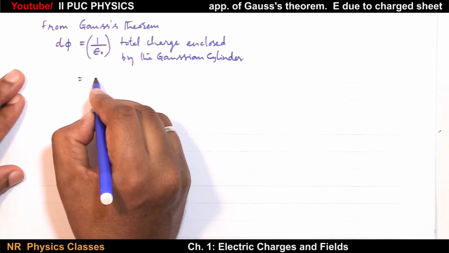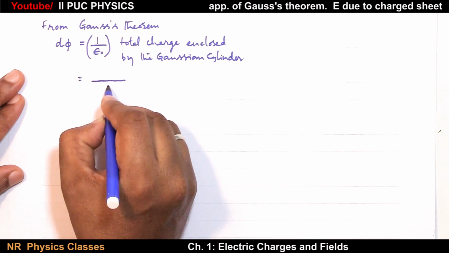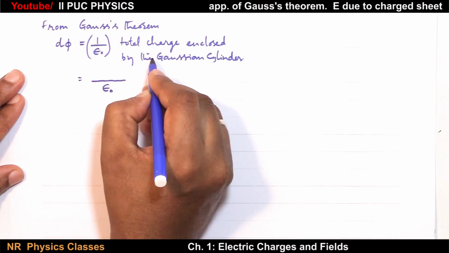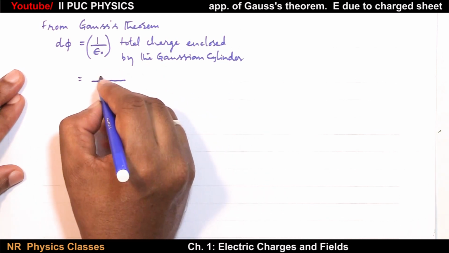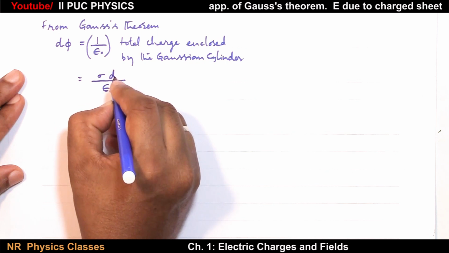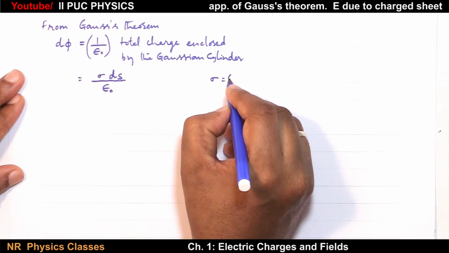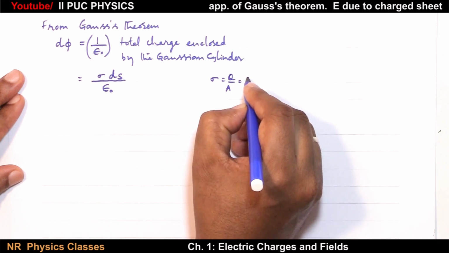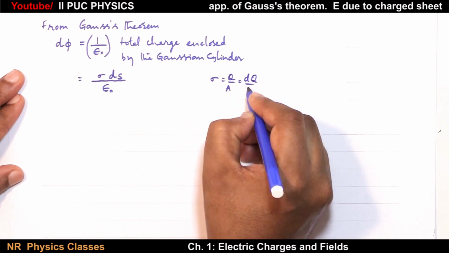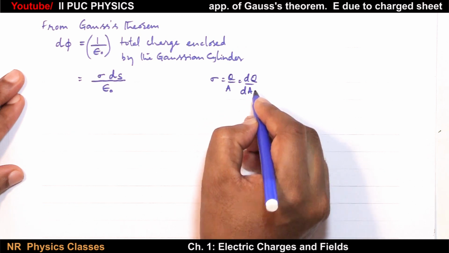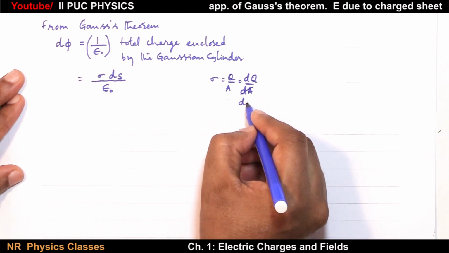Equal to 1 by epsilon naught, total charge enclosed by Gaussian cylinder is sigma into ds, because sigma equal to charge by area, or else small charge by small area, dA. In place of dA we are writing ds.